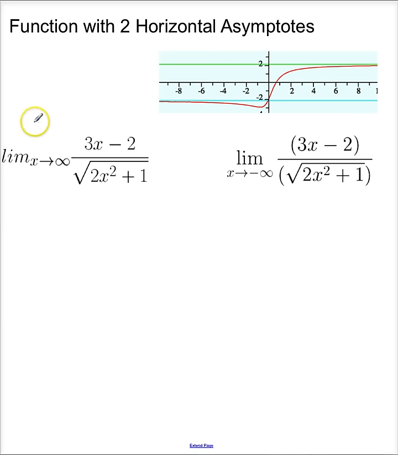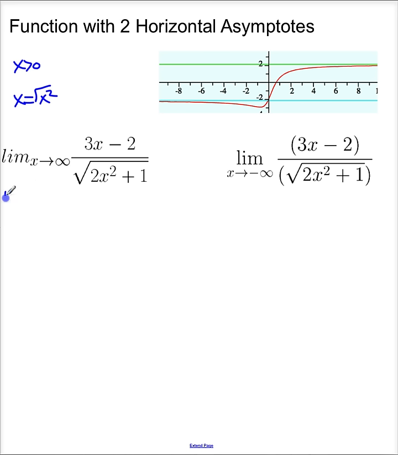The first thing, as long as x is positive, then you can write x is equal to the square root of x squared. Now I'm going to divide both numerator and denominator by x.